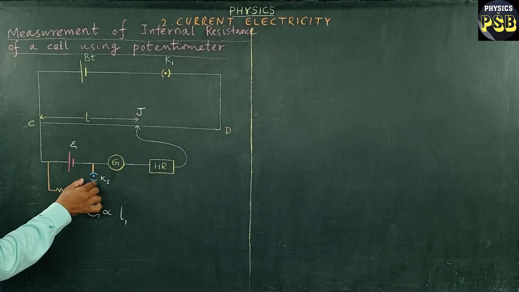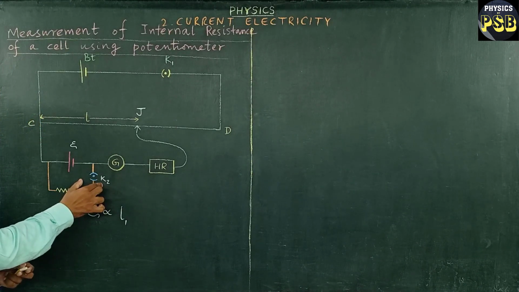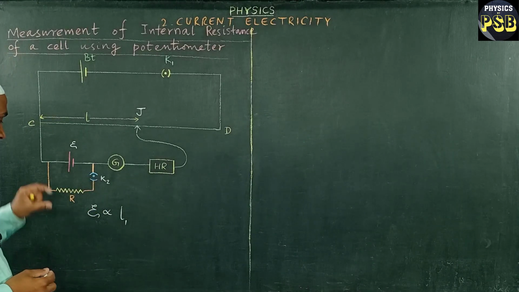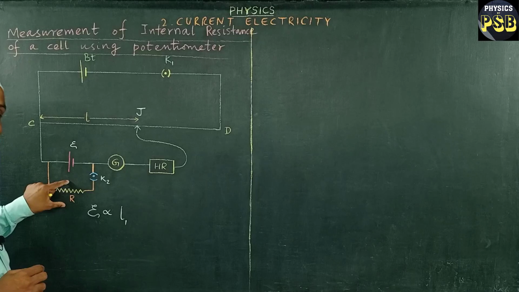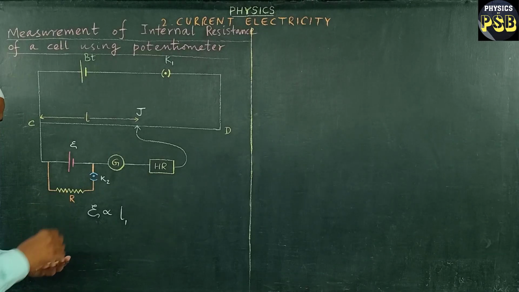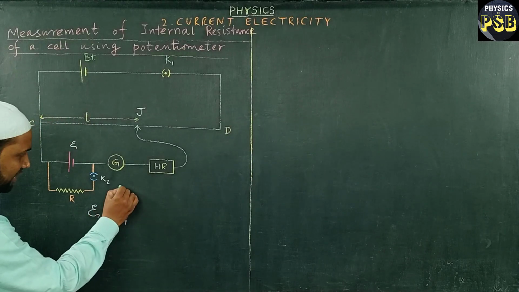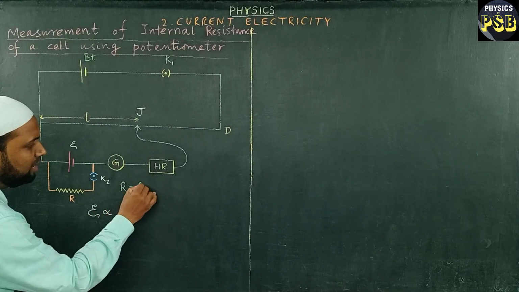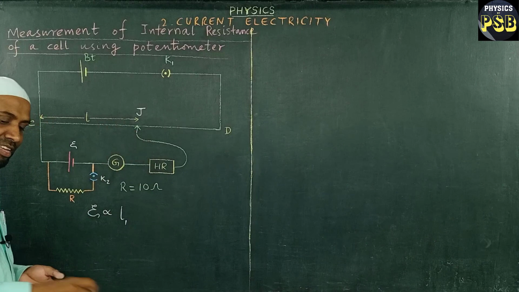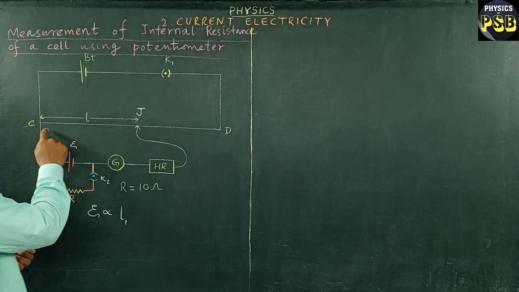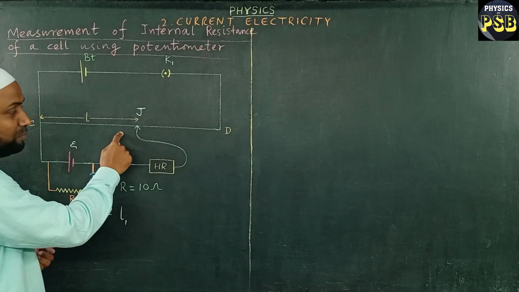Then I close the key K2 and I include some resistance. I select some resistance in the resistance box. For example, the resistance included here is 10 ohm. In such a case, again I move the jockey on the potentiometer wire.